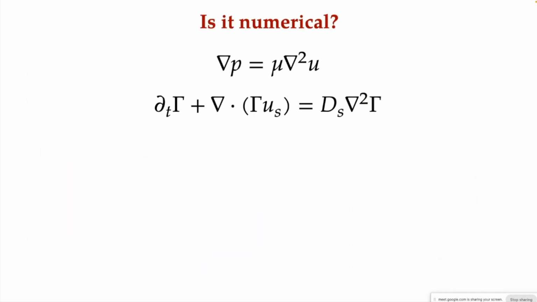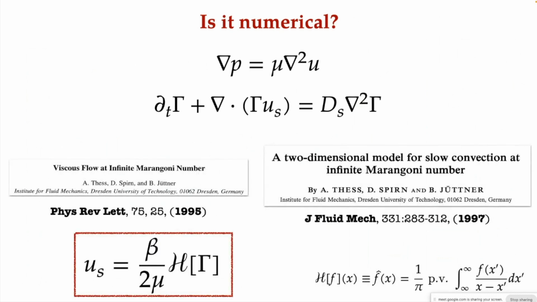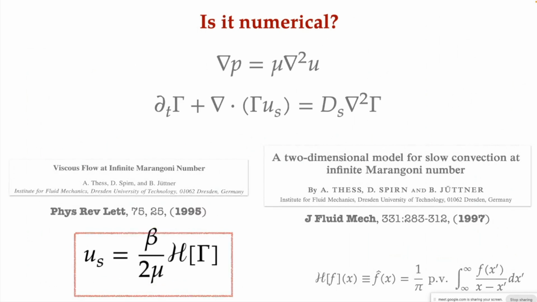And for this, what we do is that we have our Stokes equation, we have our surfactant advection-diffusion equation, and Hayes et al. have shown in a series of two papers that if you have this set of equations, you can write your surface velocity, which is this, as a Hilbert transform of your surfactant profile. And when you do this, you basically transform this from a 2-dimensional problem to a 1-dimensional problem.